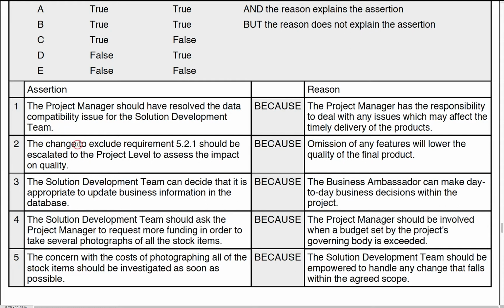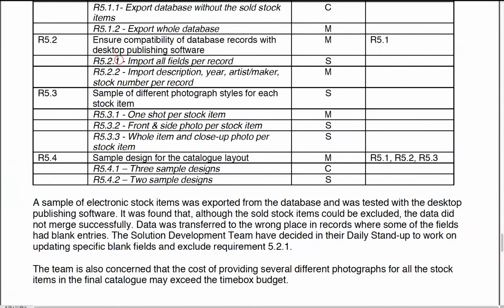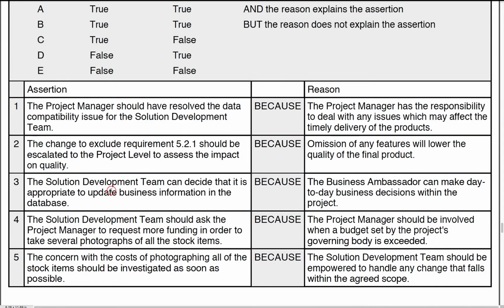Number 2, the change to exclude requirement 5.21 should be escalated to project level. When we look at 5.21, it is actually a should have. So that is not a necessary requirement in that sense. So there's no need to raise that through the project manager to project level. So that is false.